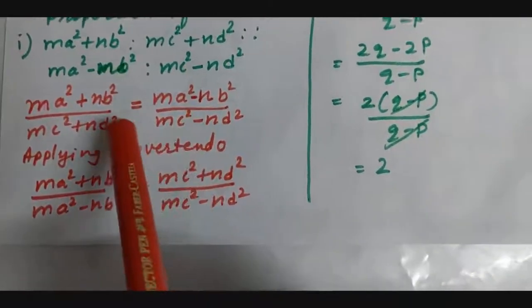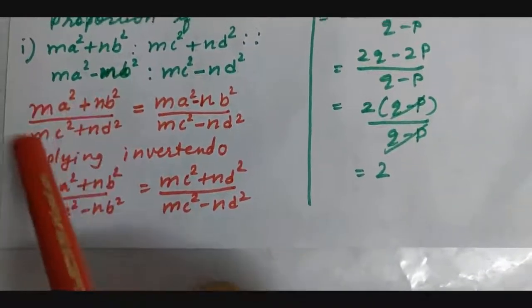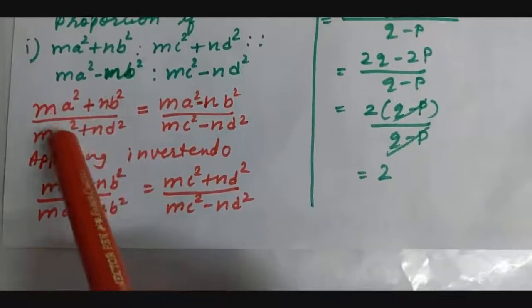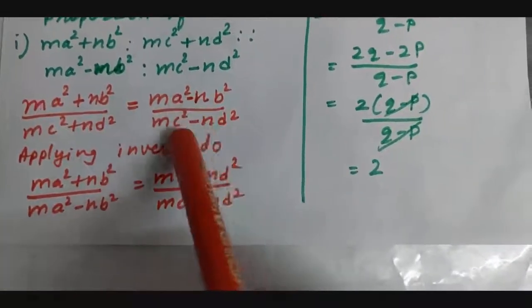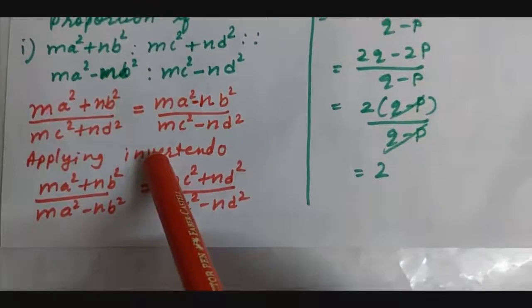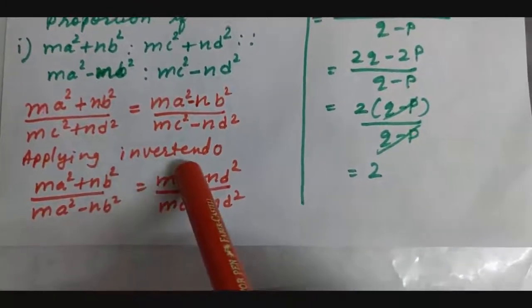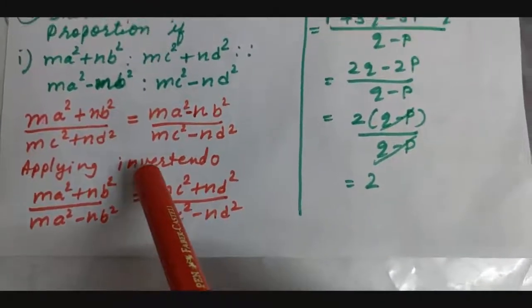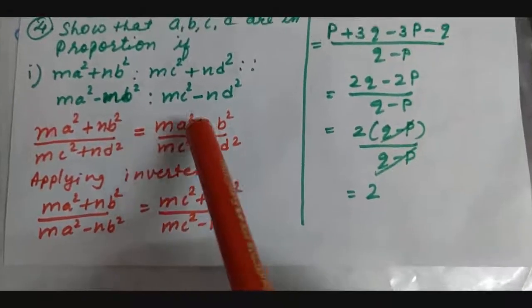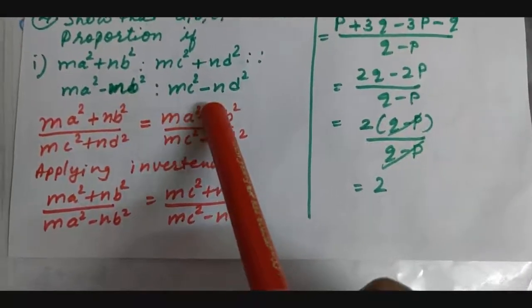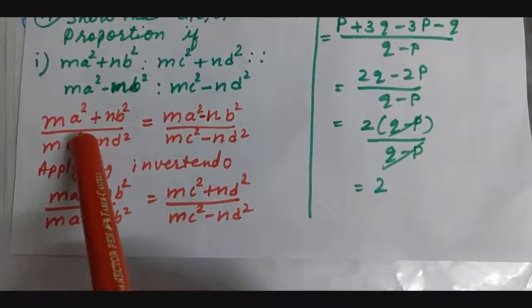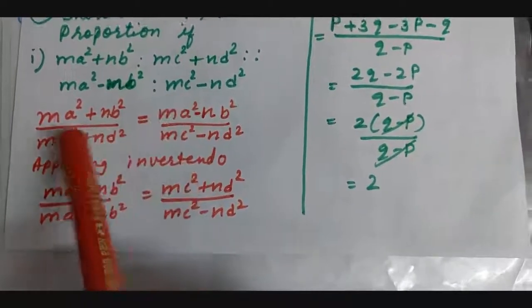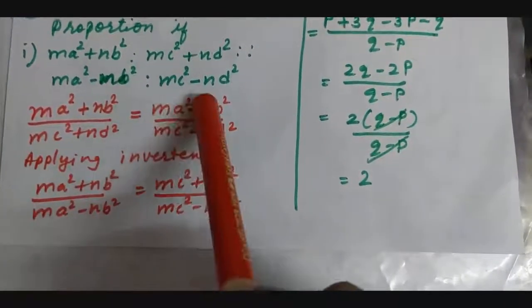Now as you see, on the left side there are a, b, c, d terms, on the right also a, b, c, d. So directly if I take the componendo and dividendo result, it is not applicable to get our answer. So first I take invertendo. Invertendo means this term will come here in the denominator and this term comes in the numerator.